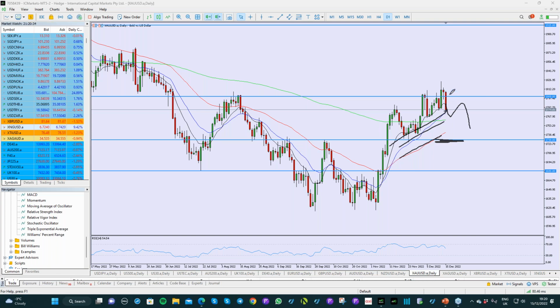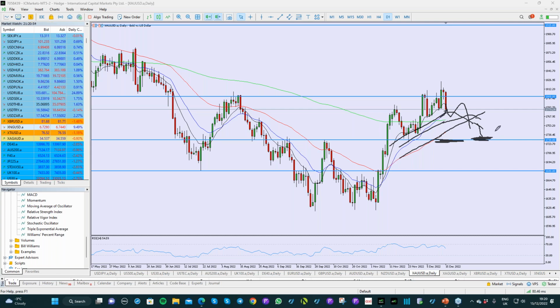And if price now starts trending downwards for a time, it's still going to take a little while for all of those moving averages to actually come into alignment, by which time price could be close to this horizontal level here anyway.